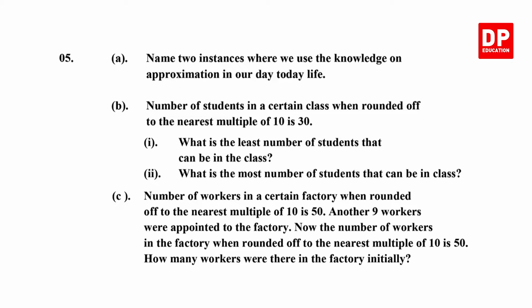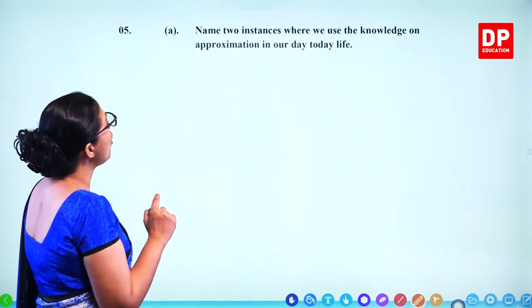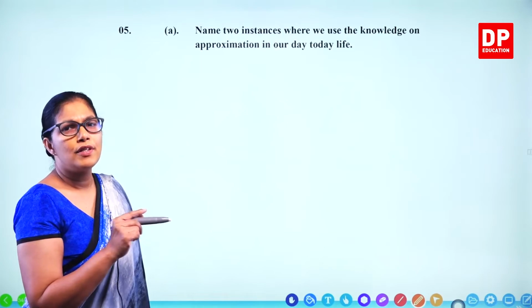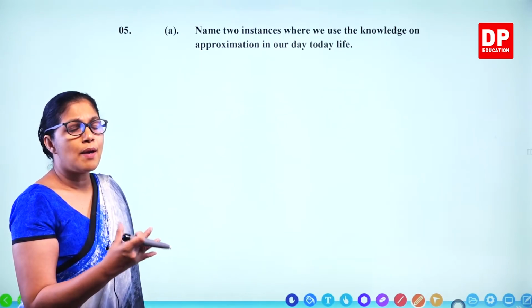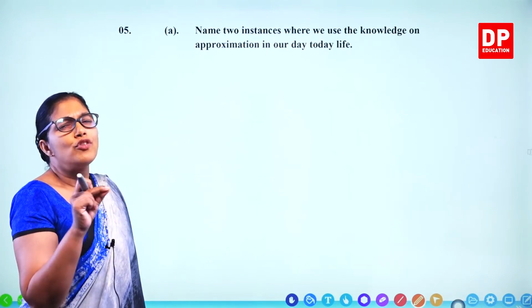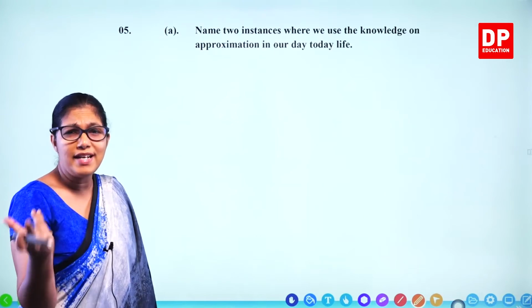Let's take question number 5. Name 2 instances where we use the knowledge of approximation in our day-to-day life. So, rounding. Sometimes when you are referring to very small numbers like 0.25968, 12 decimal places, you don't need that.